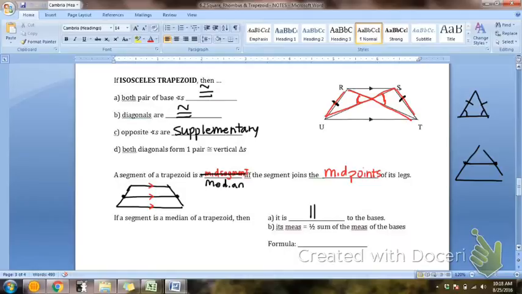And the measure is half the sum of the measure of the bases. Whoa, what does that mean? Well, base 1 plus base 2 divided by 2 gives us our median.